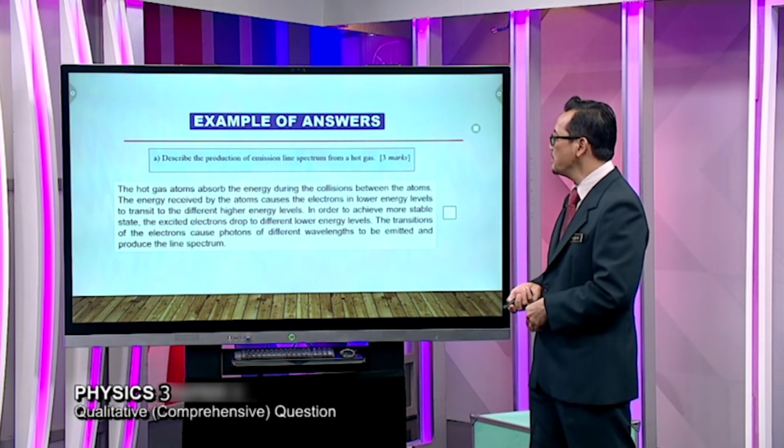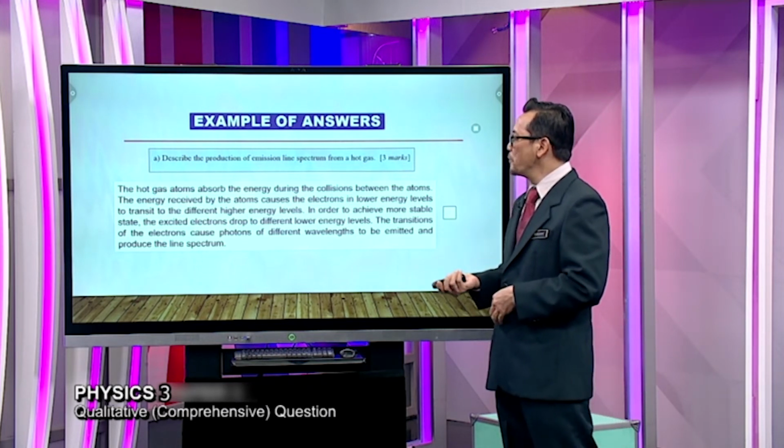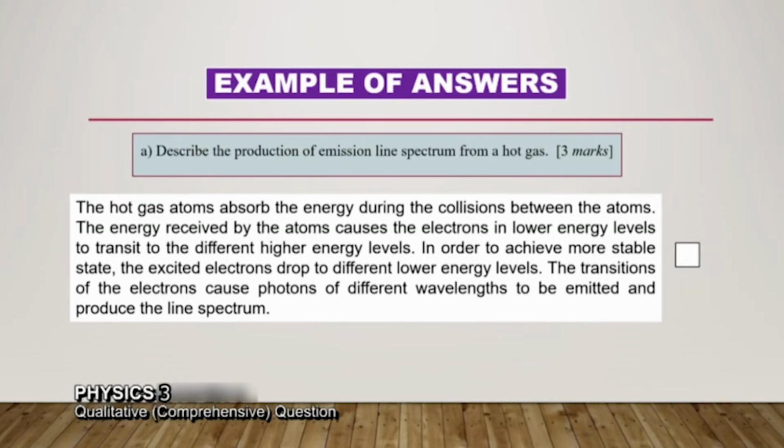See, it starts by telling what happened at the beginning. The hot gas atoms absorb energy during collisions between the atoms because the gas is hot. What happens next is the energy received by the atoms causes the electrons in lower energy levels to transit to different and higher energy levels. In order to achieve a more stable state, the excited electrons drop to different lower energy levels.